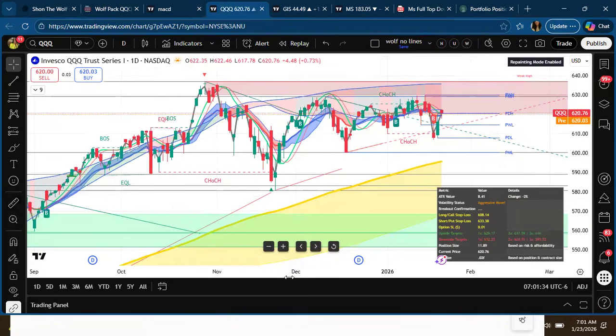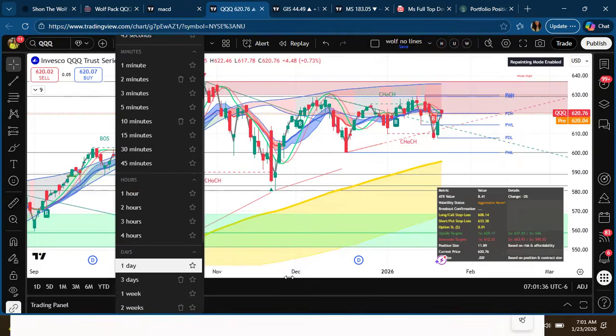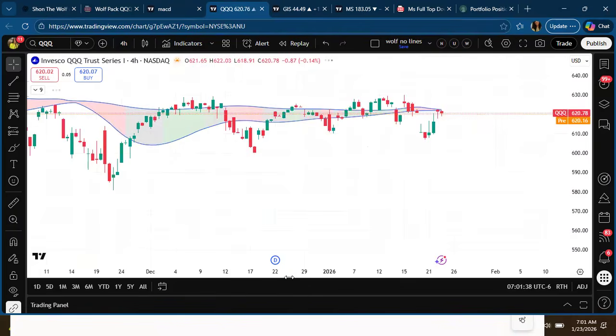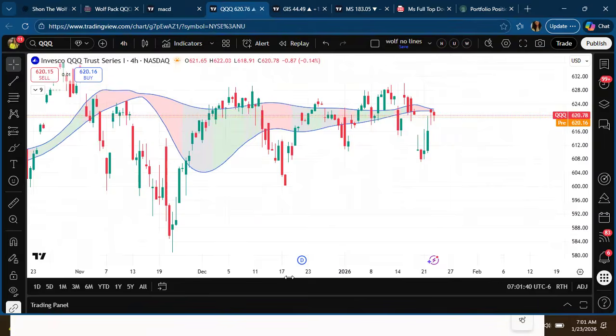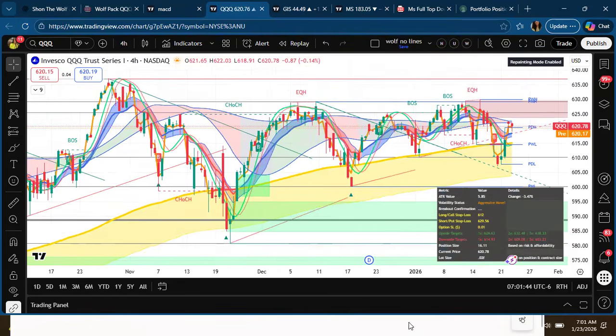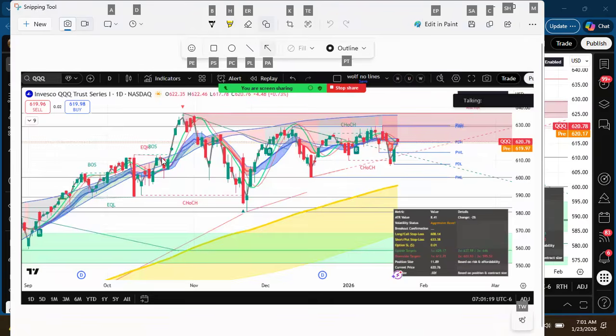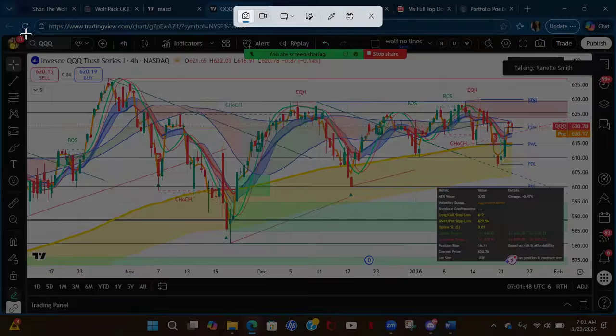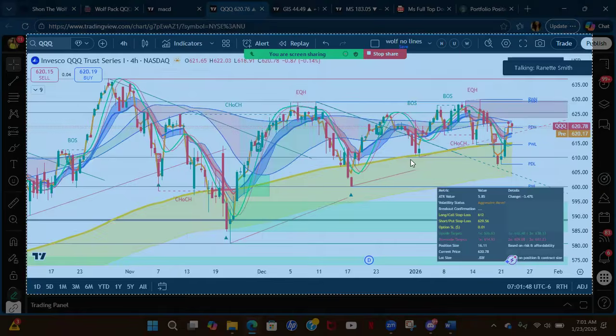We are going to feed it the 4 hour. And I go all the way down to the 5 minute because I typically day trade QQQ. So I do want to bring it all the way down to the 5 minute. So this is the 4 hour.